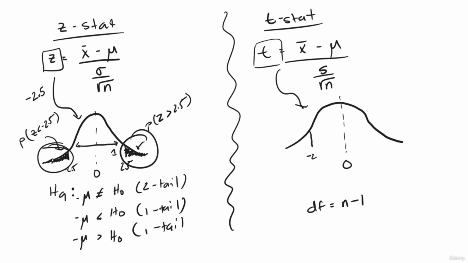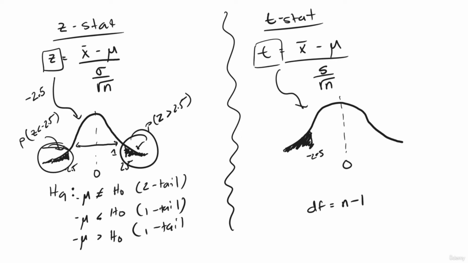A -2.5 may have a ton of area, and so it may be really likely. And so the probability of observing it or a more extreme outcome may be so likely that we can't really reject the null. We can't honestly say that the null is wrong. Can't be confident in it at least.